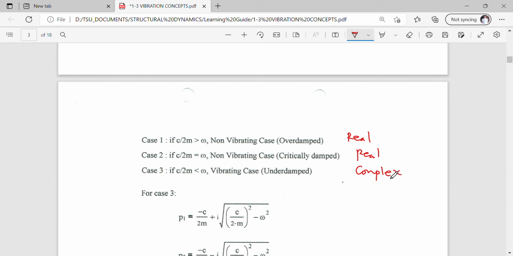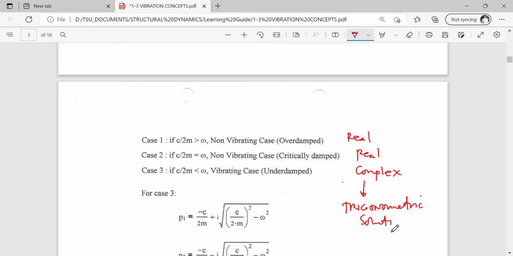And we know that if we have a complex root, what did I tell you a while ago? An imaginary or complex root will simply give you a trigonometric solution. And we want that because that's the easiest way to deal with the solution for a differential equation.